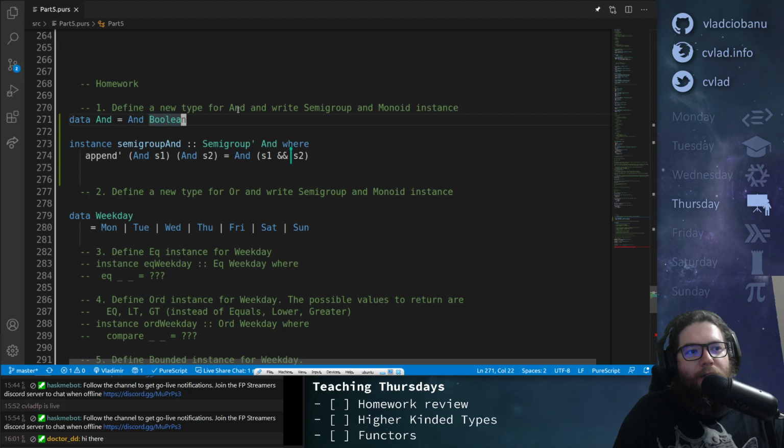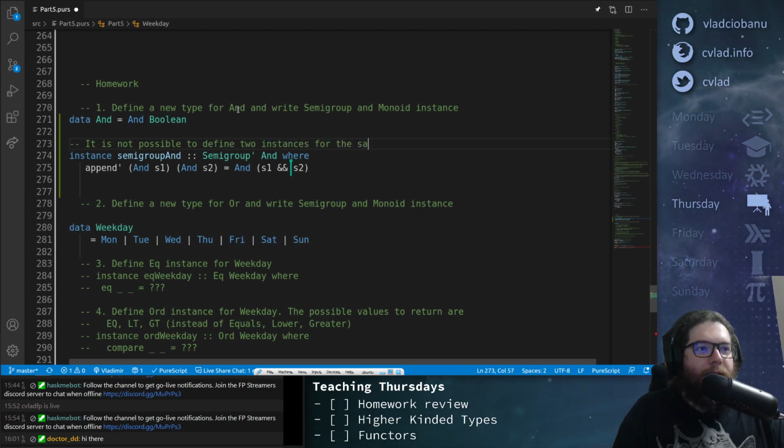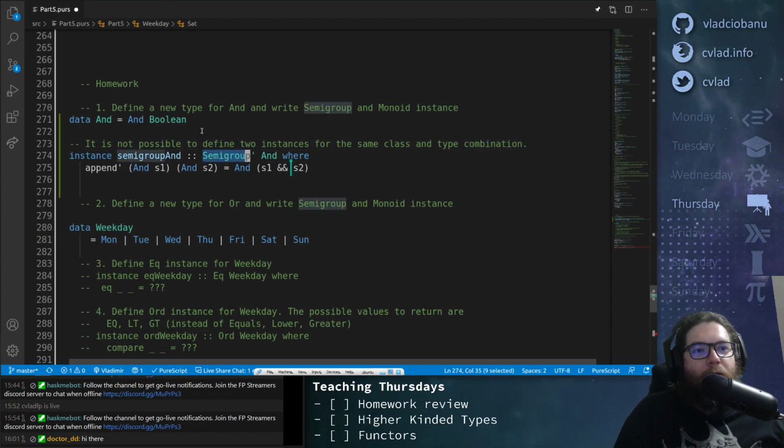The reason we do this is because we also want to be able to define Or. One thing is it is not possible to define two instances for the same class and type combination. So you cannot have two semigroup instances for Boolean.